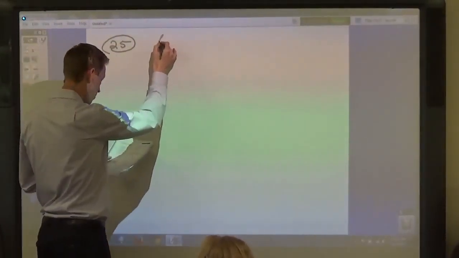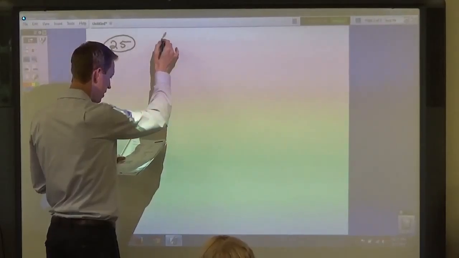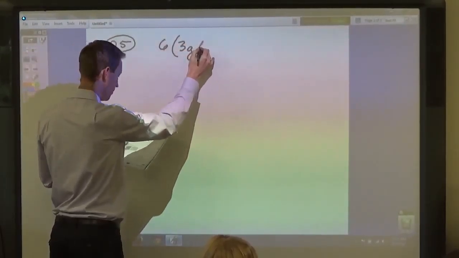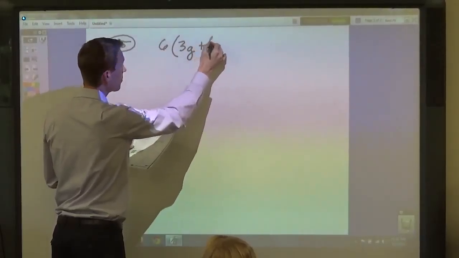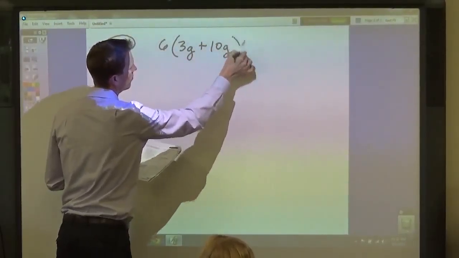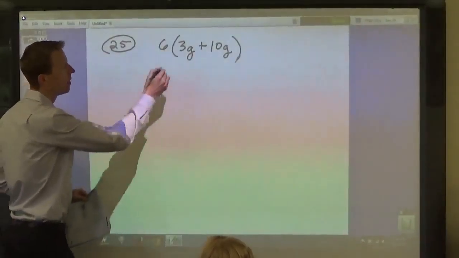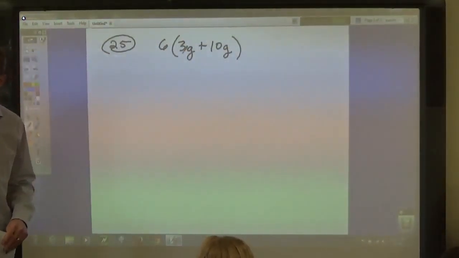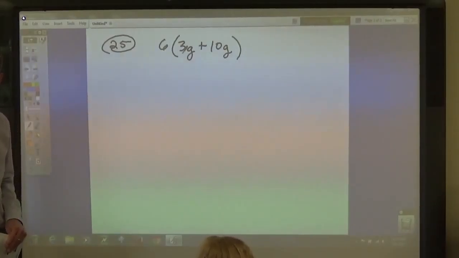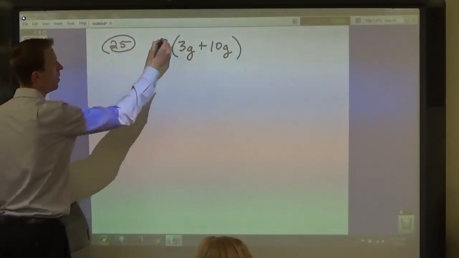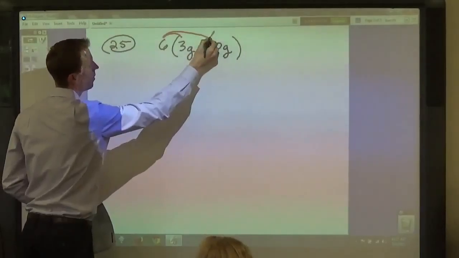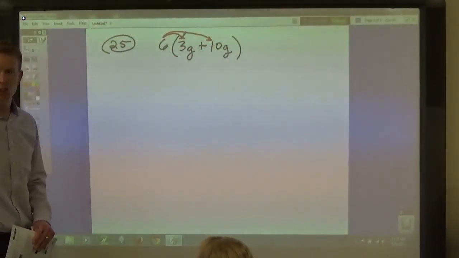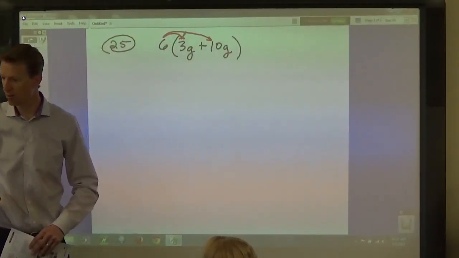So if we have a number like 6 outside of parentheses, this means 6 of this expression. 6 of those. So by multiplying the 6 by each of these, you distribute the 6 to each one.